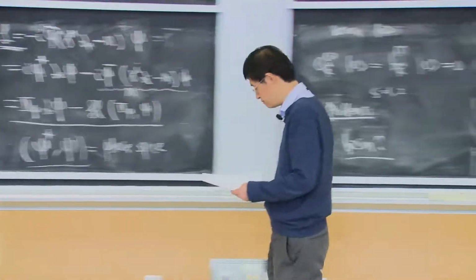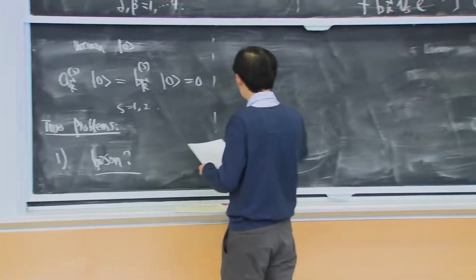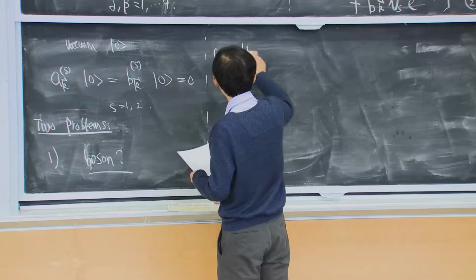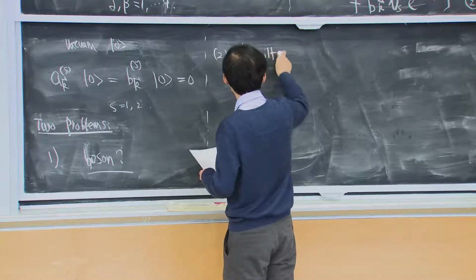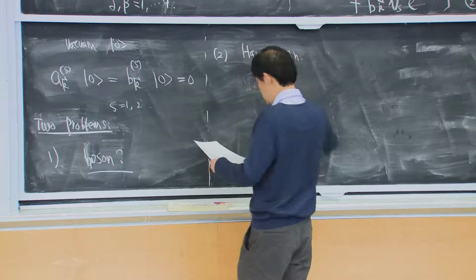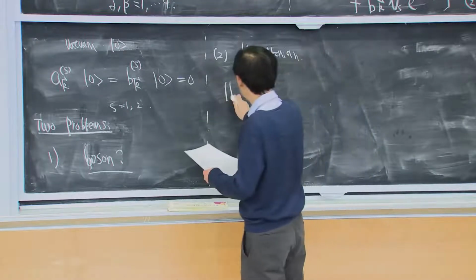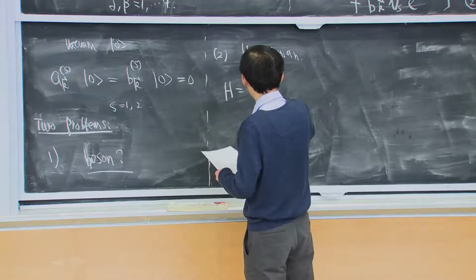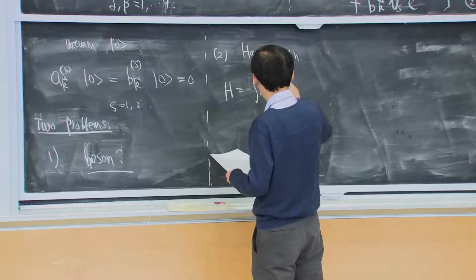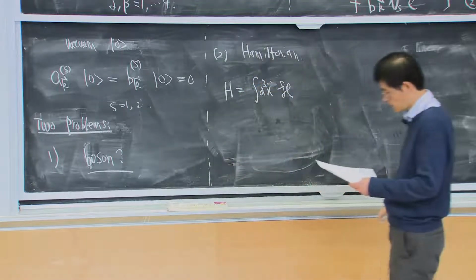The second problem is the Hamiltonian. If you try to find it, H is just the integral of the Hamiltonian density.